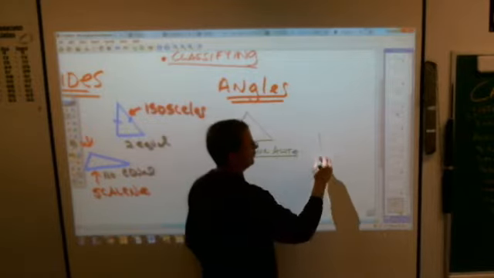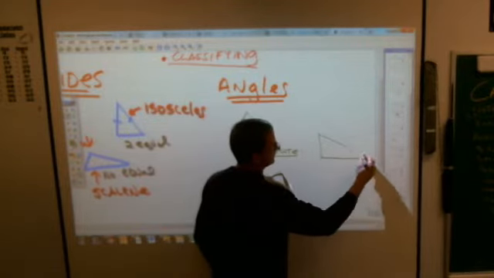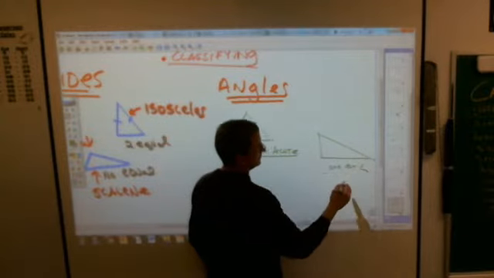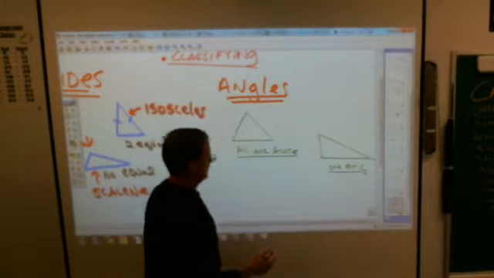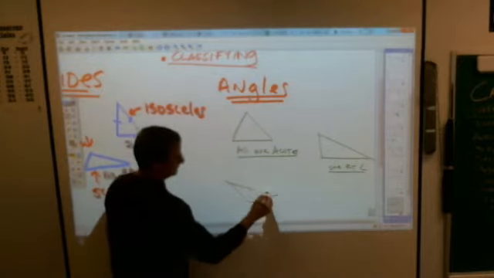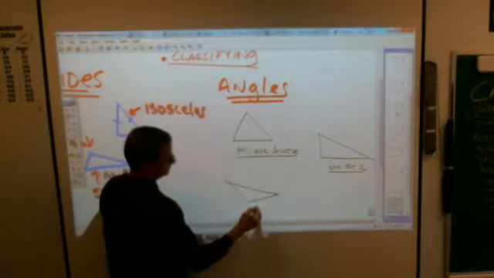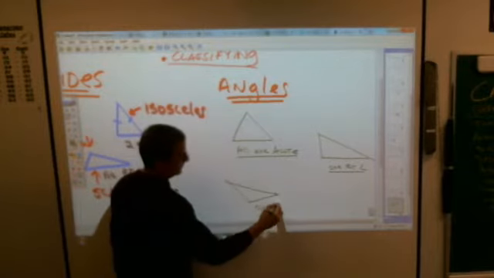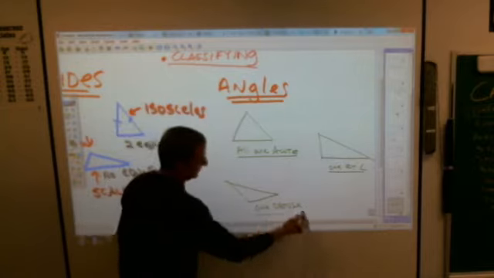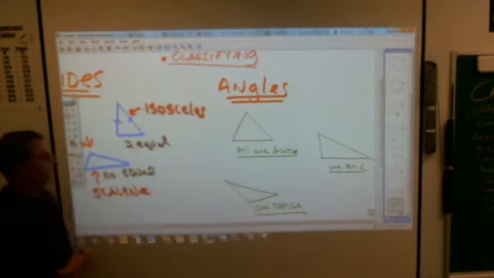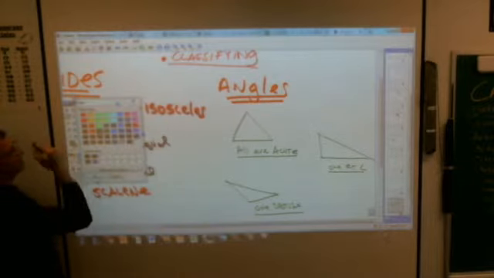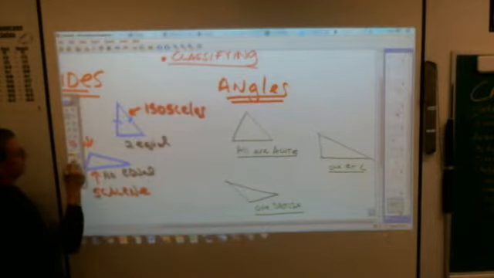If we have one right angle, and the other one is one obtuse angle. There are no other ways to draw triangles that do not fit into one of those categories based on their angles. So here are their names. Let's see if I can find a different color. So hot pink, why not?